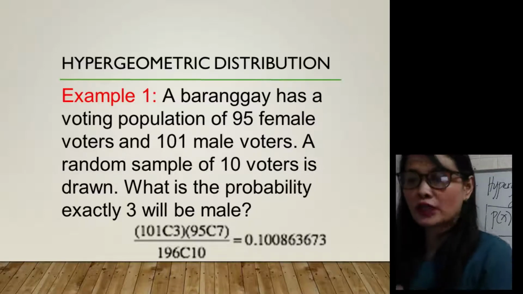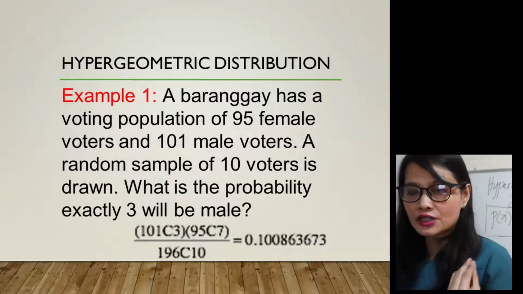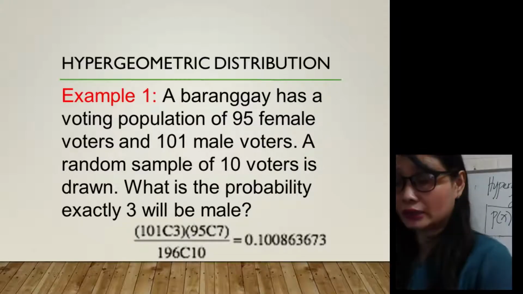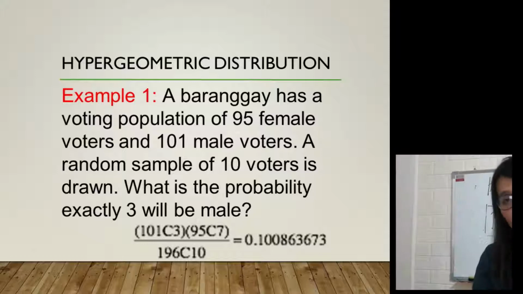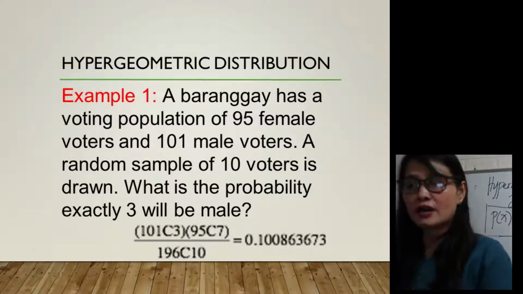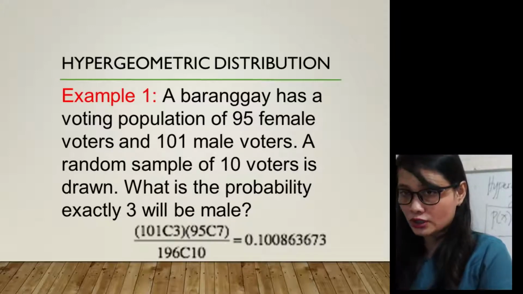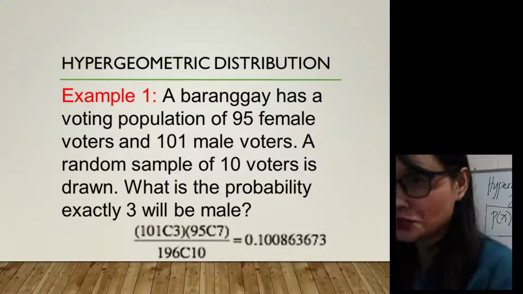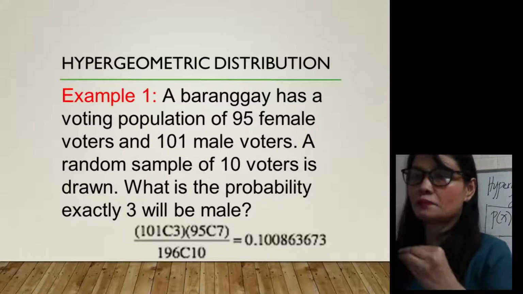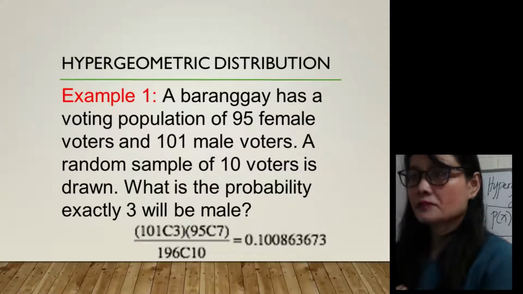A random sample of 10 voters is drawn. What is the probability that exactly 3 will be male? I repeat, example number 1. A barangay has a voting population of 95 female voters, 101 male voters. A random sample of 10 voters is drawn. What is the probability exactly 3 will be male?